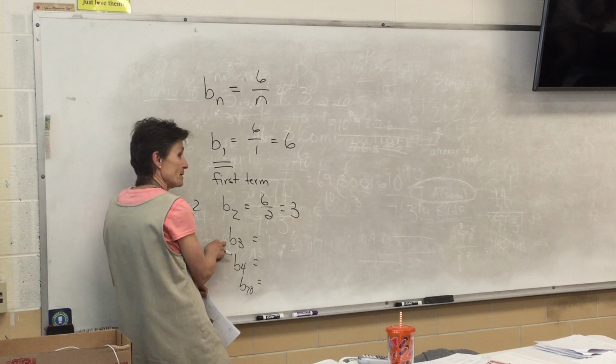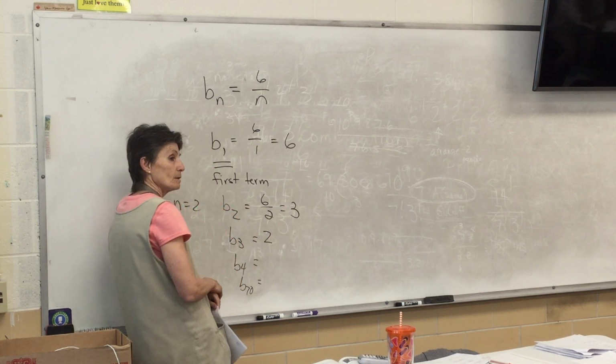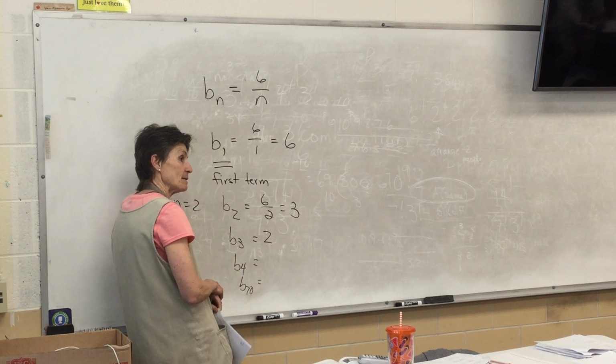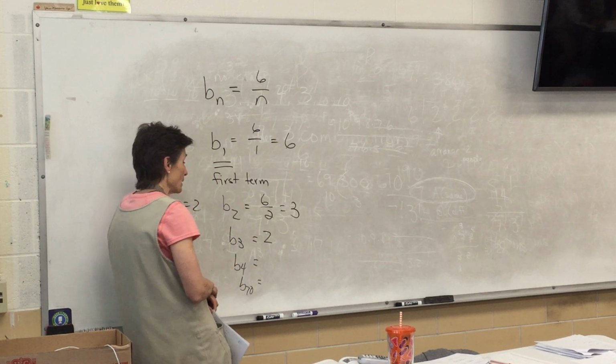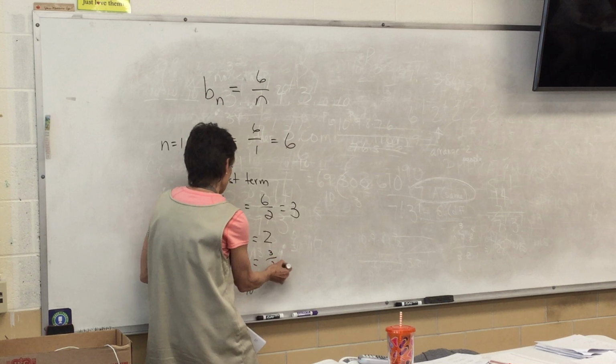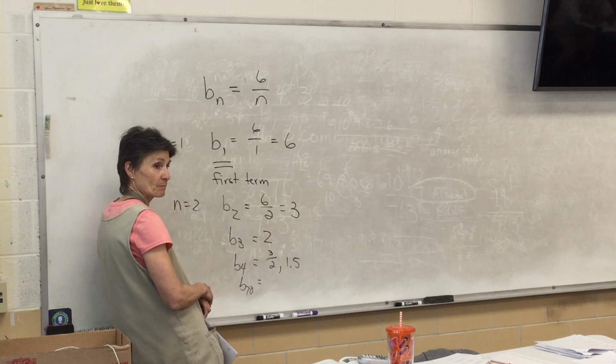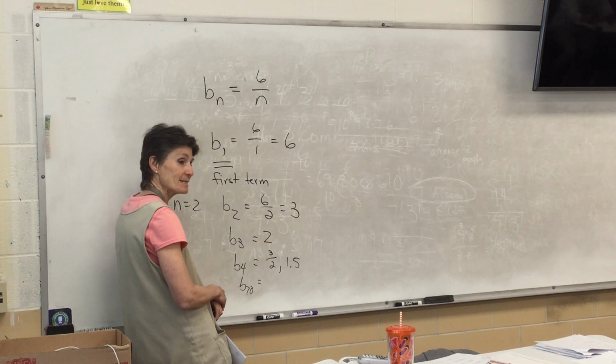What'd you come up with for B sub 3? 2? Anybody get B sub 4? 1.5 or 3 halves. Either way, doesn't matter. Whichever way you like best on a test. On a test, will it matter? I just got done saying it doesn't matter.